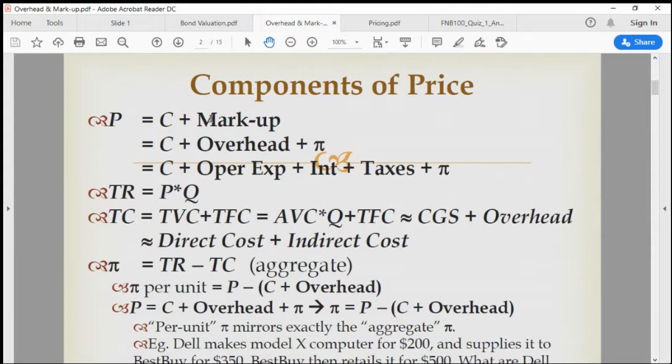We assumed the company is selling the computer for $500, and its production cost is $300 per unit, including both CGS, the direct cost, and indirect cost, right?